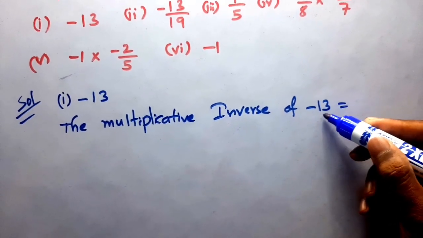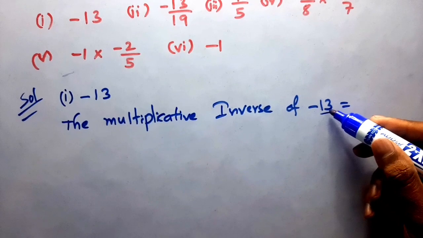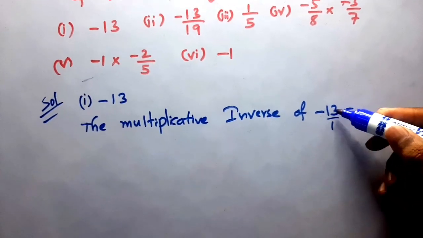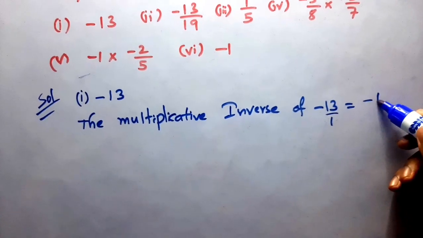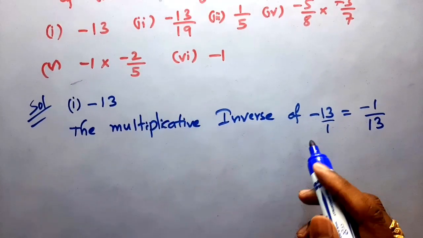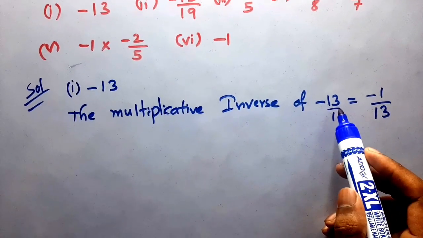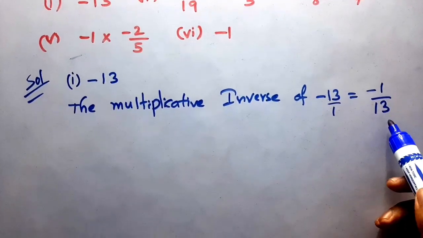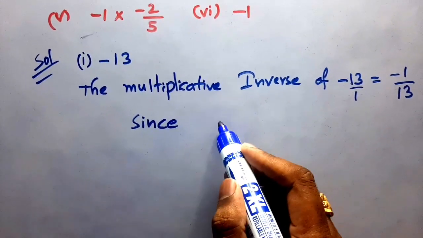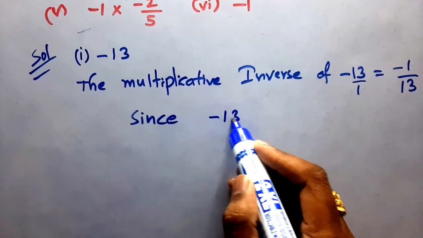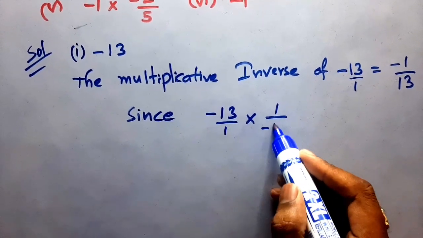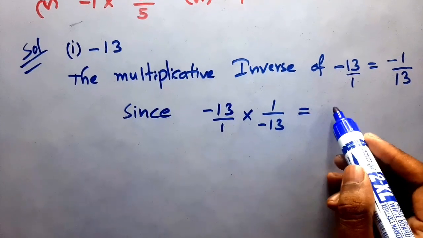So minus 13 is numerator, 1 is in denominator. So reverse of this, minus 1 by 13. So this is the multiplicative inverse of minus 13, or reciprocal of minus 13 is minus 1 by 13. The reason: since minus 13 divided by 1 times 1 by minus 13 gives value 1.